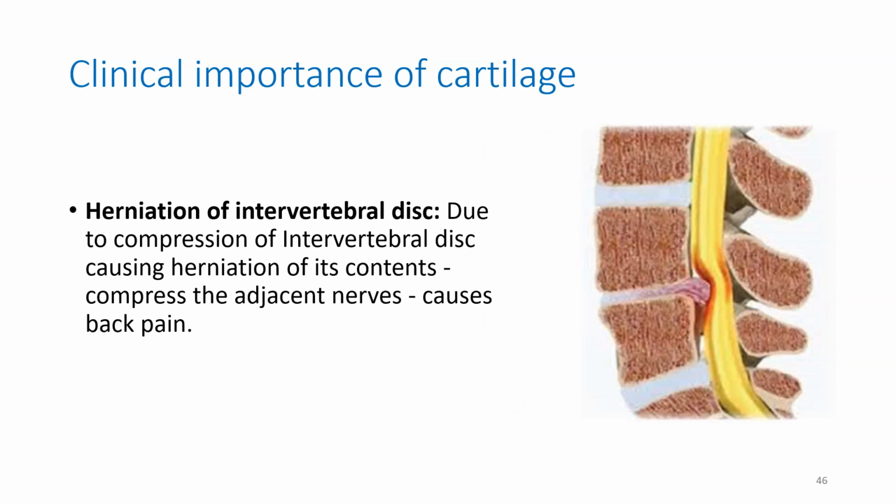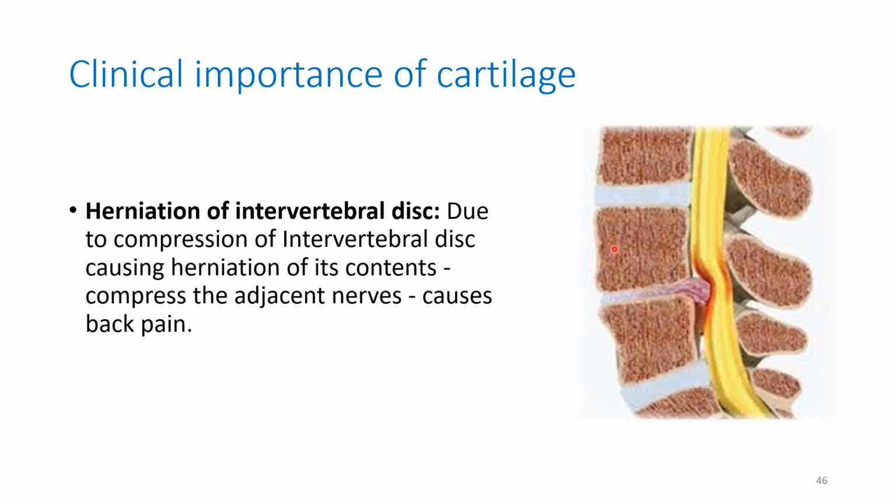The herniation of intervertebral disc. So these are the bodies of the vertebra which you are seeing, and in between the bodies of the vertebra you are seeing the intervertebral disc, which consists of peripheral annulus fibrosus, which is a white fibrocartilage, and central nucleus pulposus.